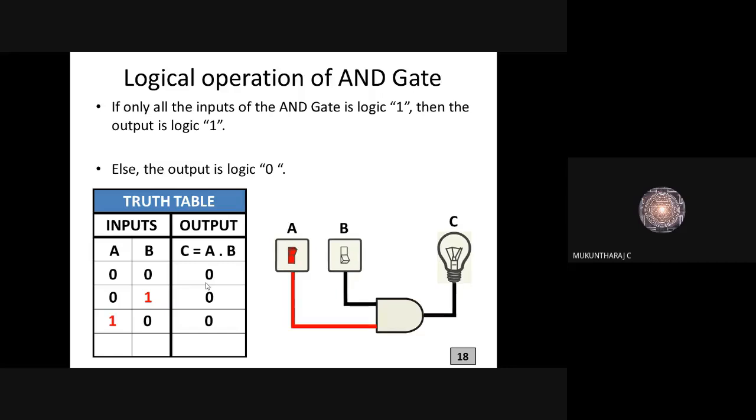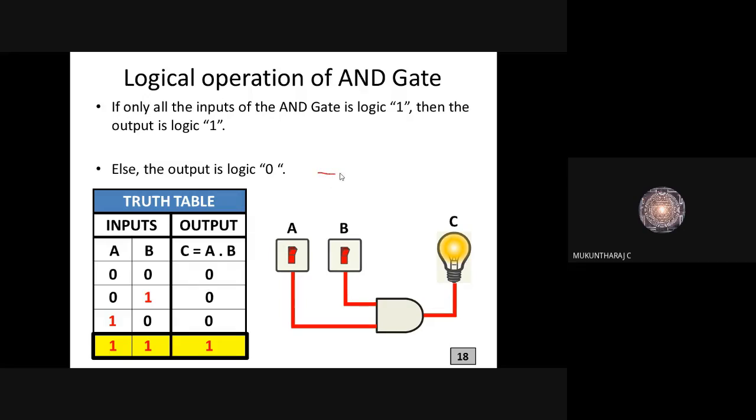Then the third combination, logic 1 on input A but input B is logic 0, the output is again logic 0. If both inputs A and B are logic 1, then my output goes to logic 1. So it is similar to a series connection of switches.